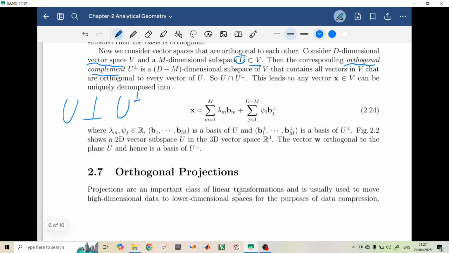This means that all vectors in U are orthogonal to all vectors in U perpendicular.